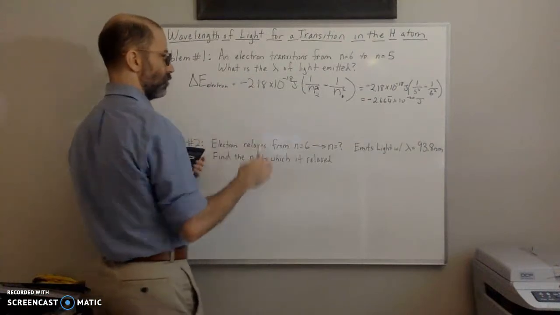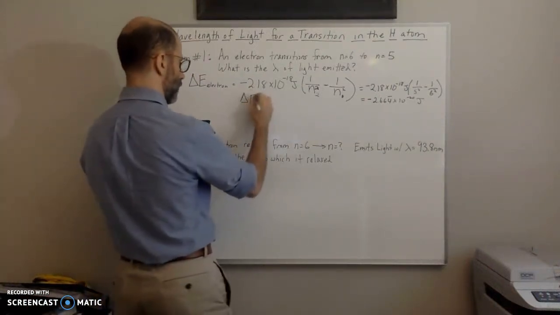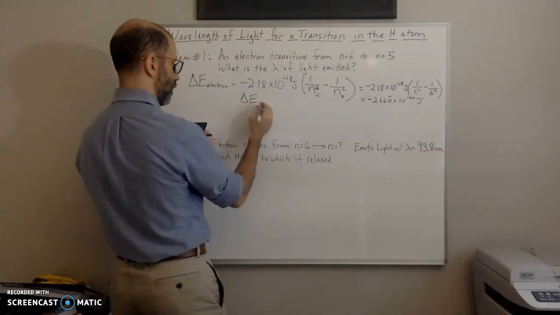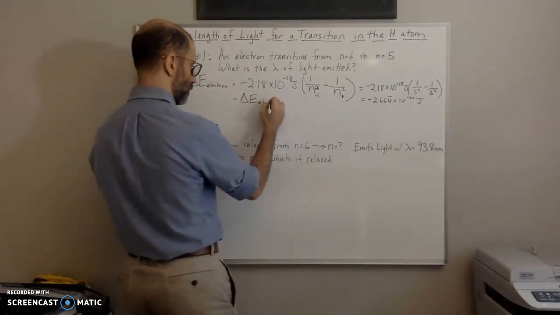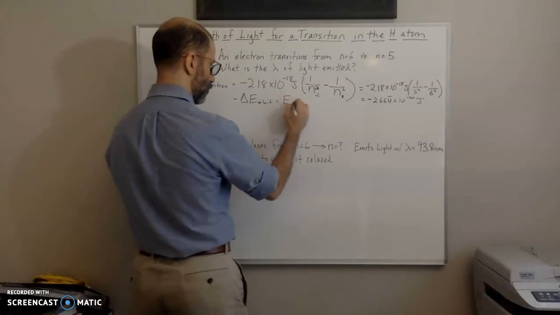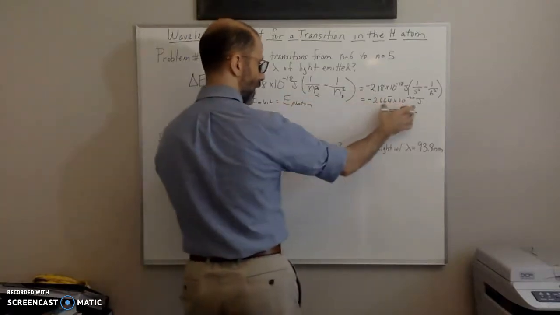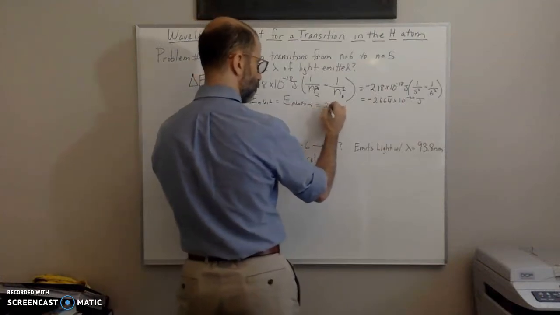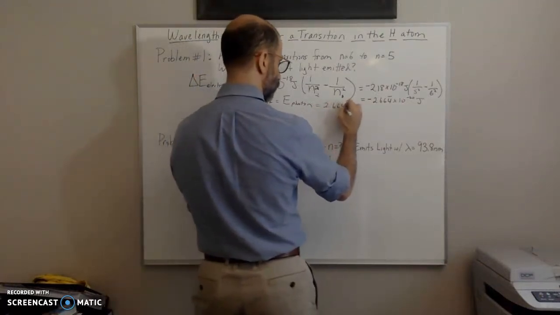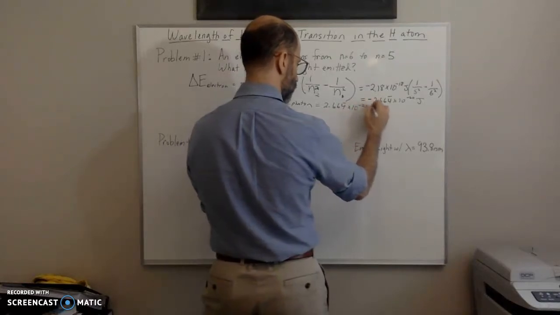Remember also that the negative change in the energy of the electron is equal to the energy of the photon. So if we take the negative of this, that's going to be equal to 2.664 times 10 to the negative 20 joules.